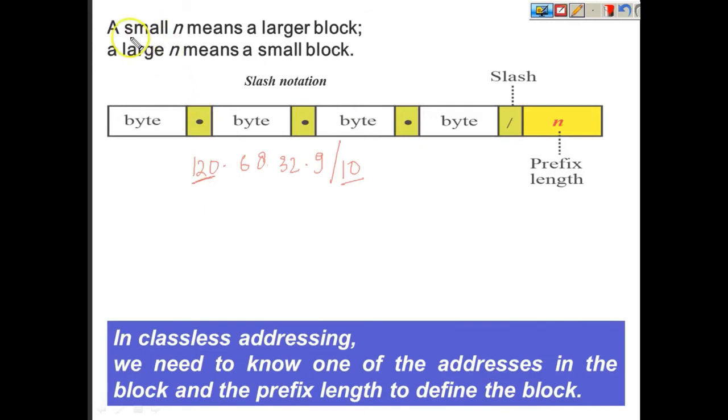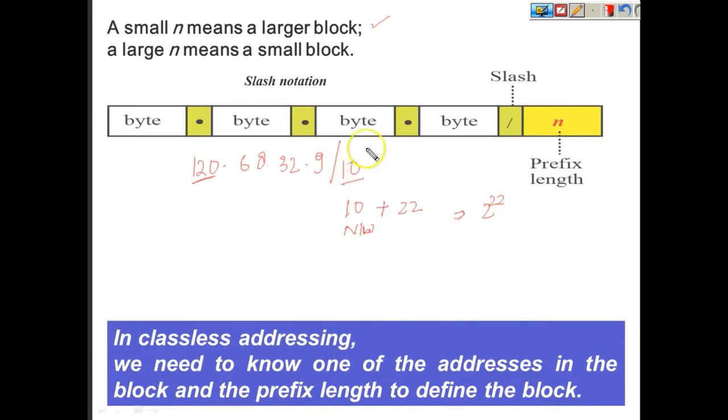Now one thing to understand: a smaller n value means a larger block. If this value is small, then the block size is larger, because then we have more host ID bits. What does it mean? If I say slash 10, that means network bits will be 10 and the host ID bits will be 22, so 2 power 22 addresses are possible in this kind of network.